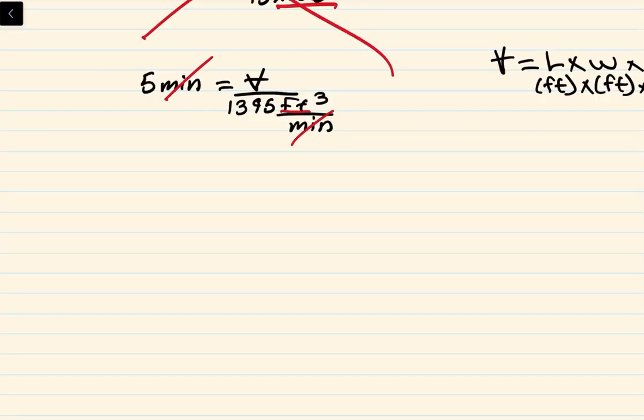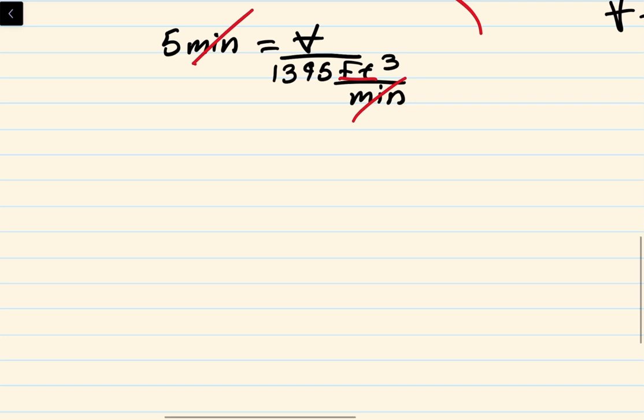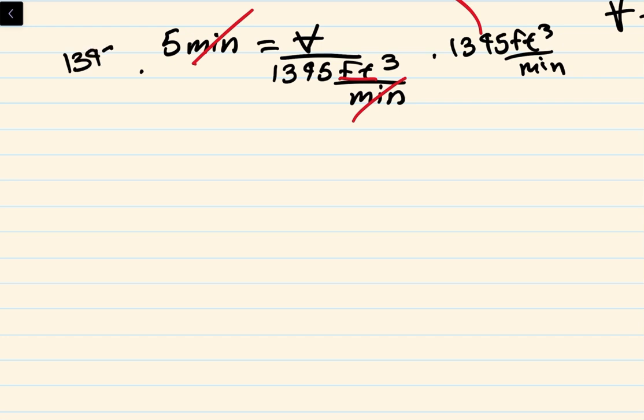If you guys want another video on how to put this stuff into your calculator, relatively quick, this is a time saver during tests, all that kind of stuff. But for sake of this video, I'll do it the old school manual way so we can see what's going on. So we're gonna multiply 1395 feet cubed per minute times 1395 feet cubed per minute.